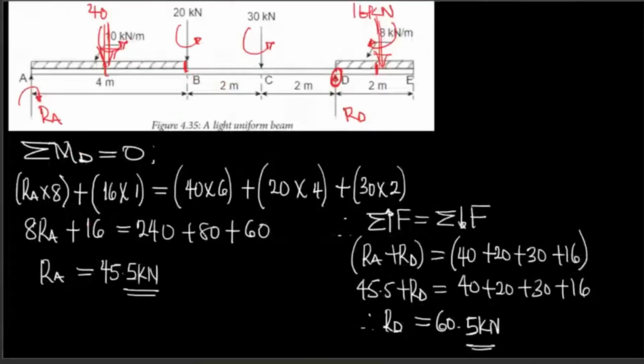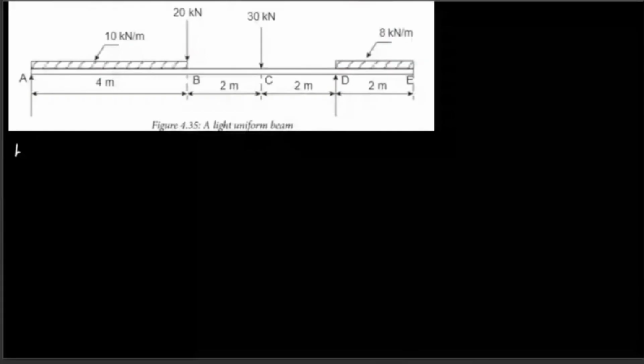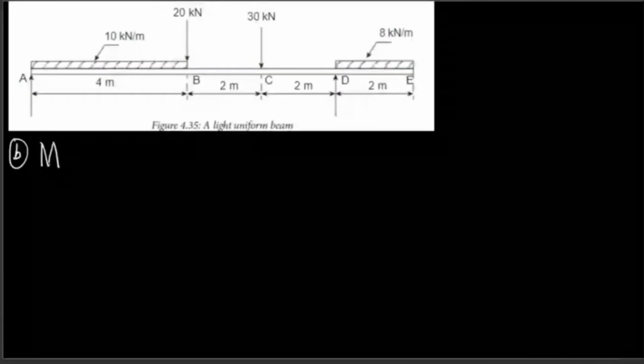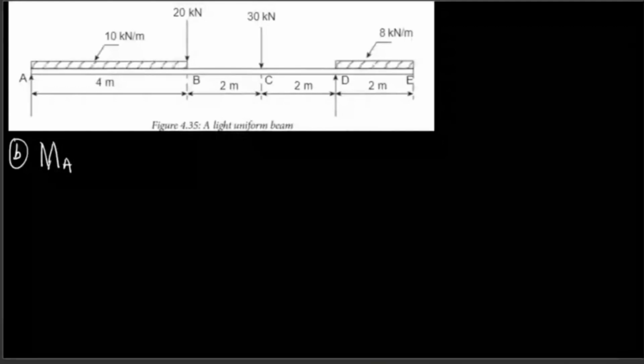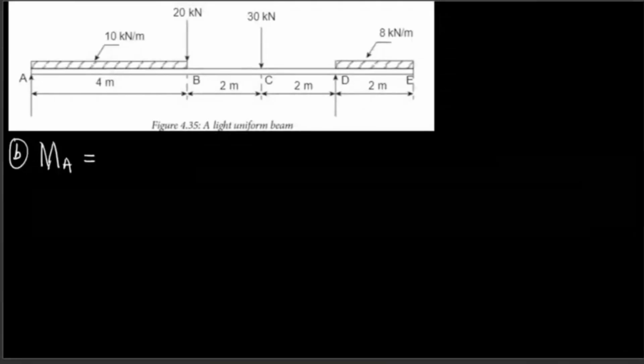Now, remember the question says, that's the first part. Calculate the bending moment at A, B, C, D, and E. Now, the B part says that we must calculate bending moment. We are going to calculate moment at A to E. Now, the bending moment at A is equals to 0.